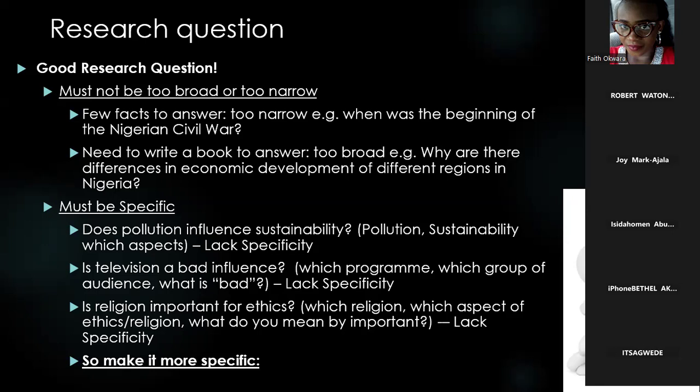Anybody want to try online any of the examples we have? You can pick from any one, or you can even tell me your own. The idea is to practice asking questions that are very, very specific. Your research question must be specific. If it is specific, you can argue your point clearly that this is the path I'm following, and these are the reasons why I'm following that path.